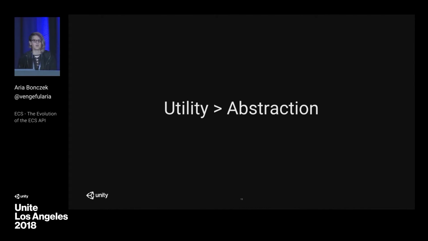And to do this, we want to provide what I'm calling utility over abstraction. An abstraction is something that hides what's going on underneath. It hides the actual work being done so that you don't have to worry about it, and you can just keep using that abstraction any way you want. It's a black box.